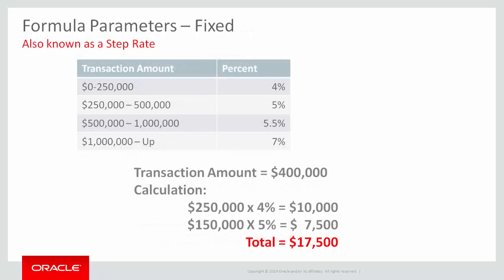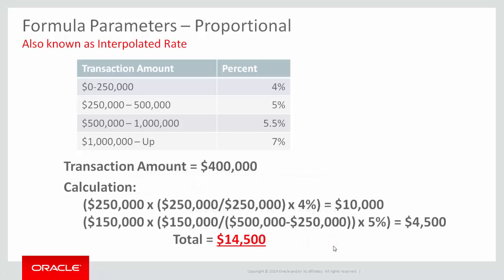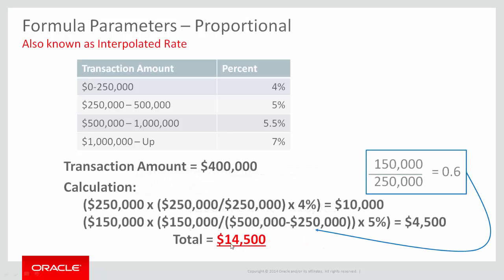If we do the fixed, it yields $17,500. And if we do the proportional rate, it yields $14,500. The exact same transaction, the exact same rate table. The only thing we're doing is evaluating the rate table differently based on how we are splitting through the tiers.